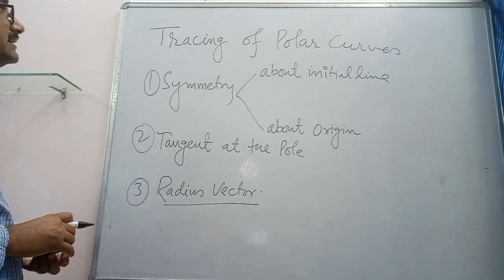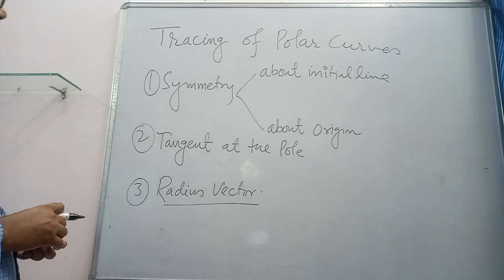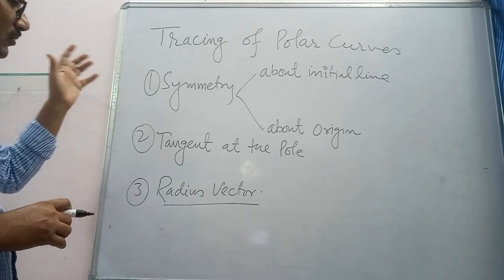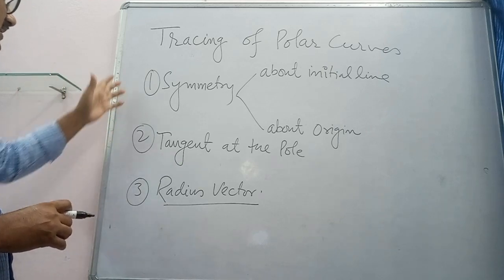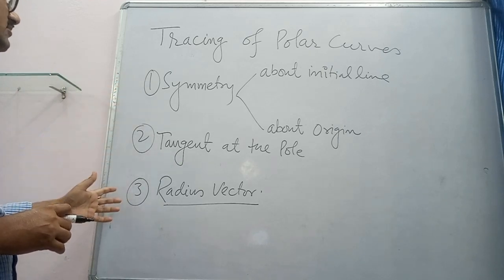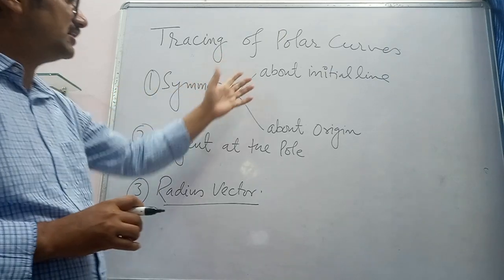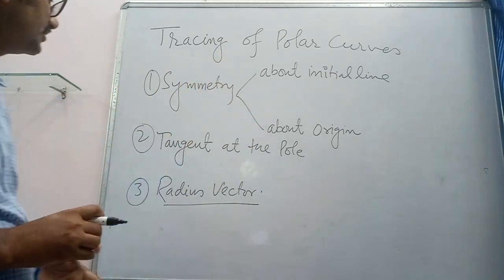To trace the polar curves we can use these 3 points. We can trace almost all the curves with the help of these 3 tests. First is symmetry about the initial line, and second is about the origin.